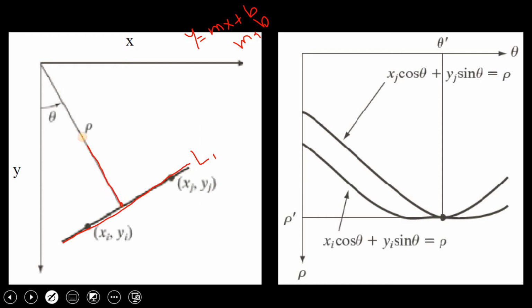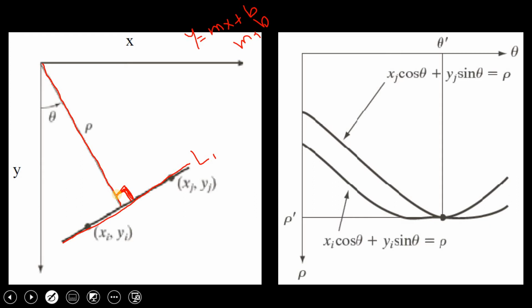It is perpendicular, 90 degrees, and this line connects our desired line L1 to the origin 0, 0. So we connect L1 to the origin by a perpendicular line. The important point is that it should be perpendicular.